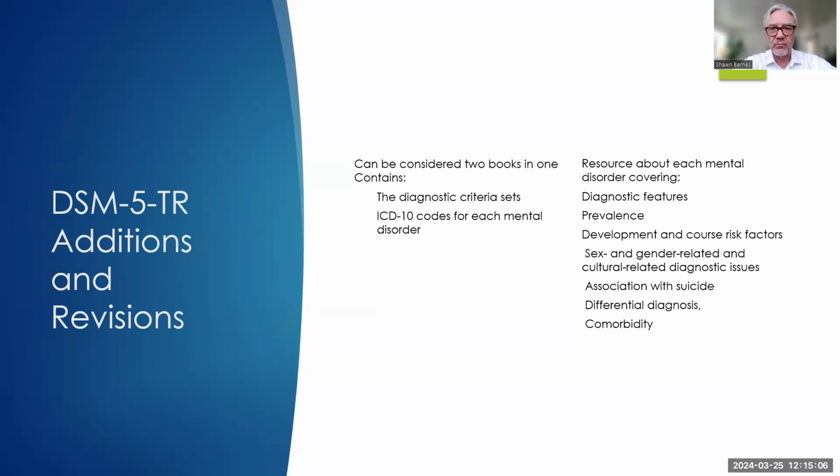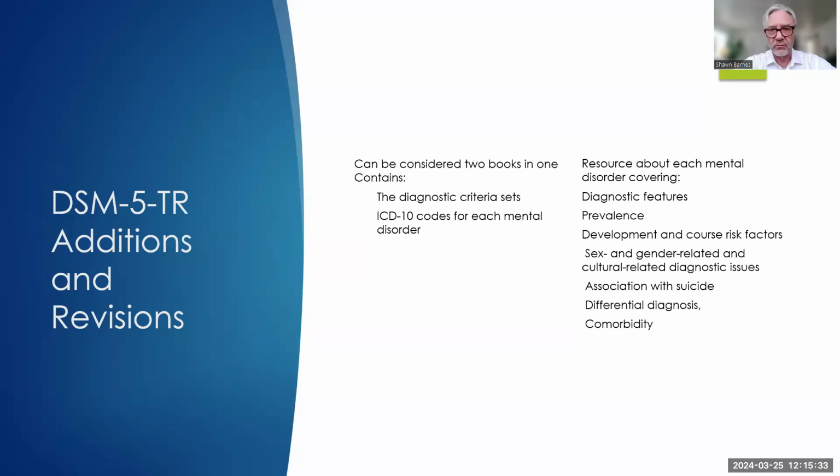It covers diagnostic features, prevalence, development, the course of the diagnosis in question, and risk factors. It talks about sex and gender, culture-related diagnostic issues, issues associated with suicide, differential diagnosis, and comorbidity.